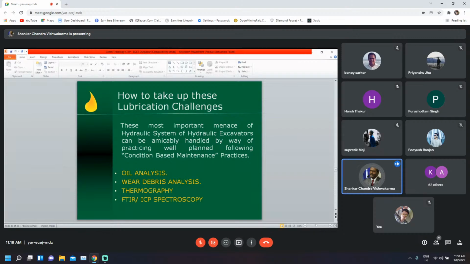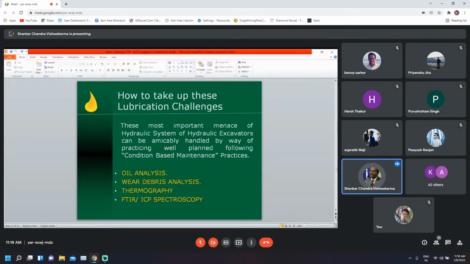So through these analyses, mainly we are coming to know about the health of the oil, and accordingly we are taking care of it. So this helps two ways. One, if the health is not deteriorated, we can extend the life. So we are going beyond the prescribed life. In this way, the MTBF is increased and availability is increased.